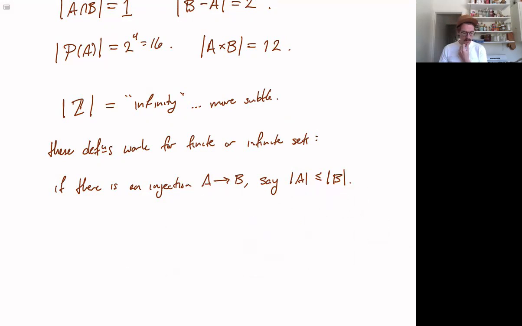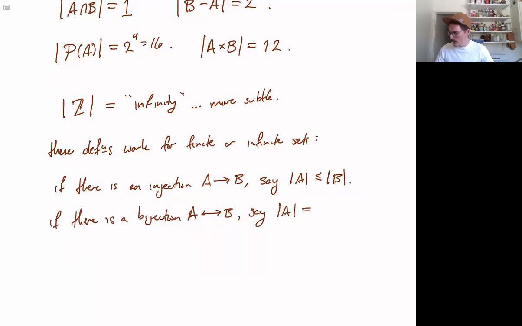And similarly, if there is a bijection between A and B, then we say the cardinality of A is equal to the cardinality of B. Again, remember that a bijection means that your map is an injection and a surjection.